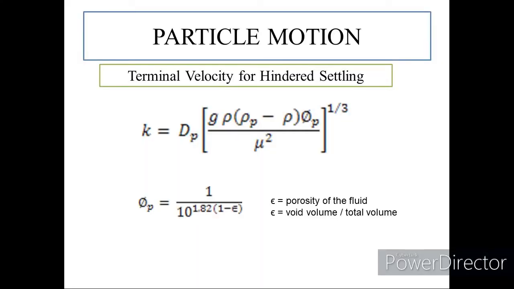We can also determine the value of K if we are talking about the terminal velocity for a hindered settling. So, ito naman yung formula ni K if we are going to solve a hindered settling type of problem. And then, in a hindered settling, we have the so-called empirical correction factor.